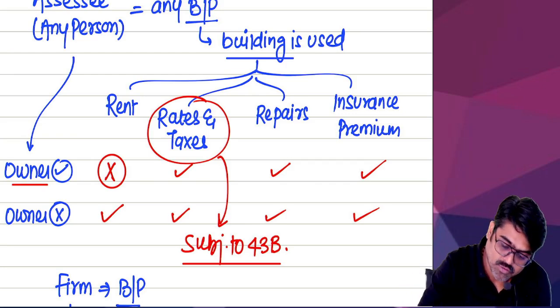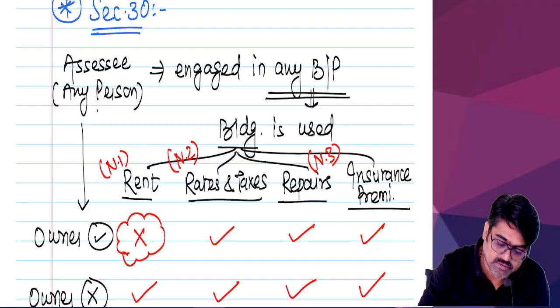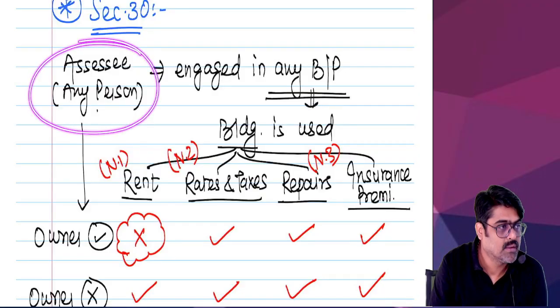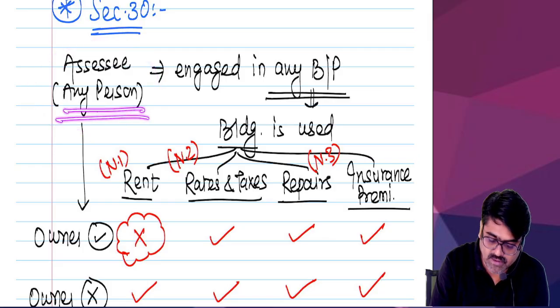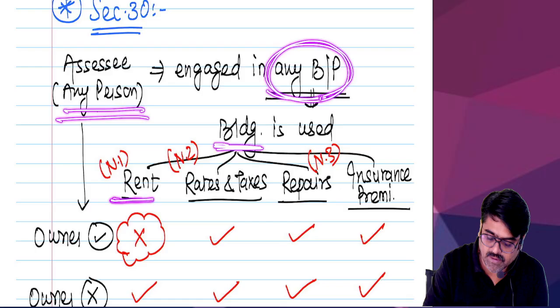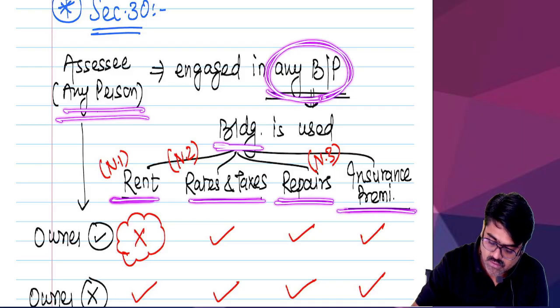Okay. So see, the discussion which we have done so far: you are an assessee, can be any person, engaged in any business or profession. In this business or profession, a building is used. 4 types of expenses: number 1 rent, number 2 rates and taxes, number 3 repairs, and number 4 insurance.